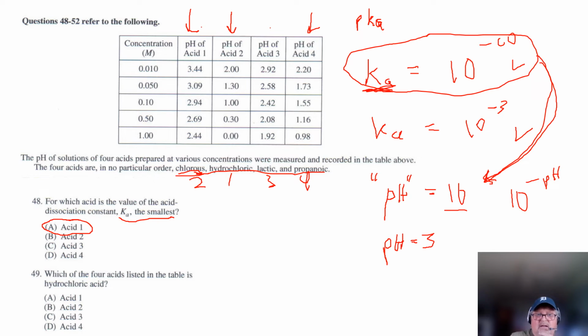Okay. All right. Second problem. Which of the four acids listed in the table is hydrochloric acid? We decided that at the very beginning. It's probably going to be number 2. Before we go on, I just want to make sure you get this.